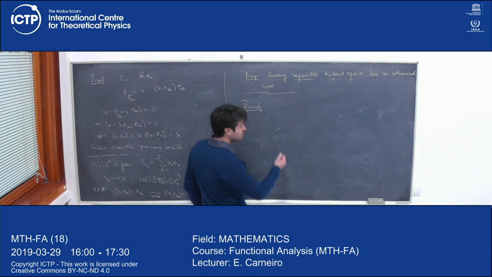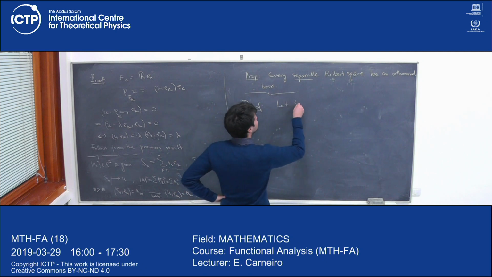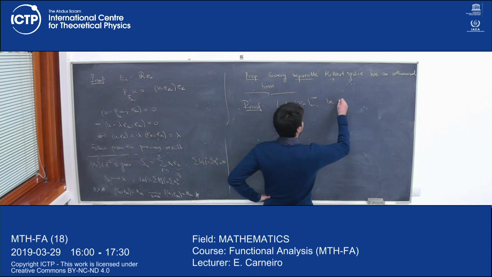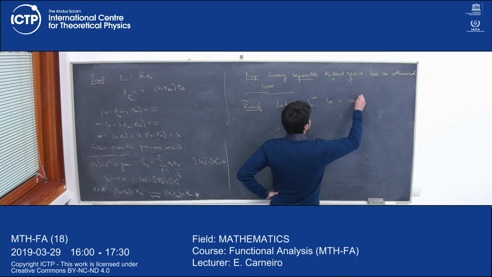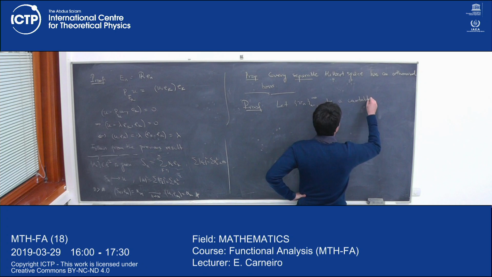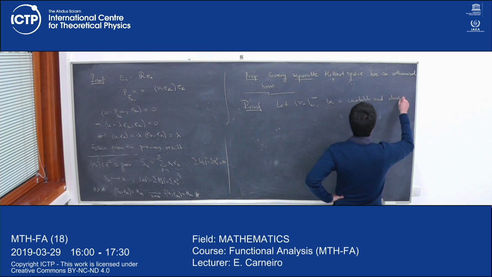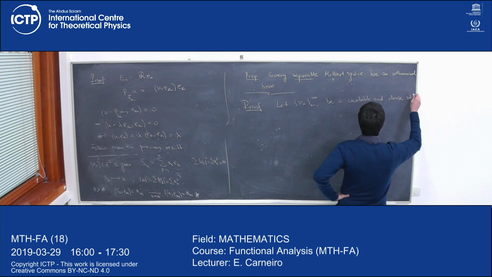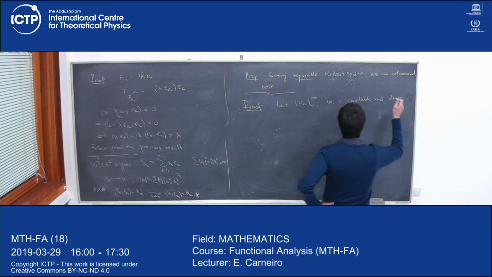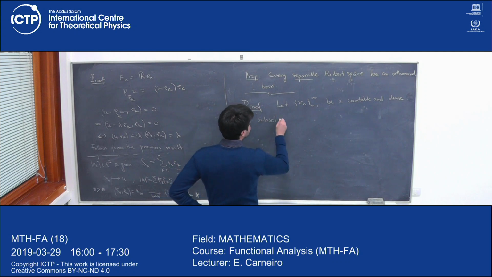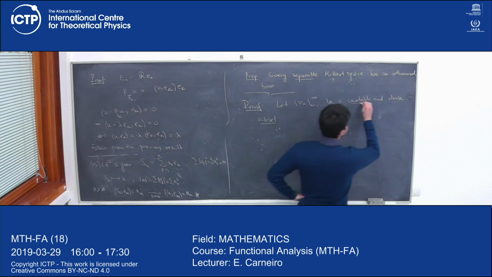If the space is separable, you let vn, n from 1 to infinity, be a countable and dense subset. You can use Gram-Schmidt. Yes, that's what we're going to do. You start with any countable and dense subset.